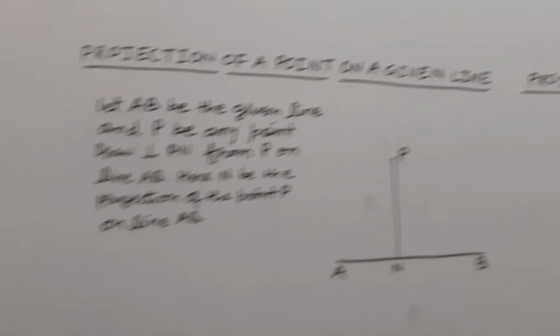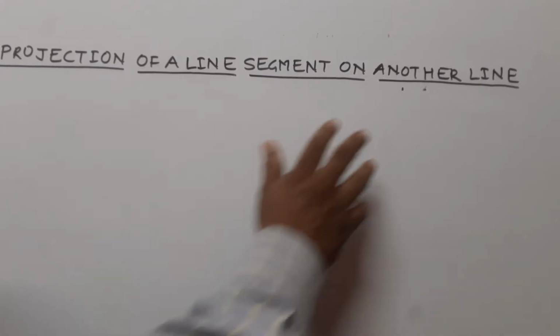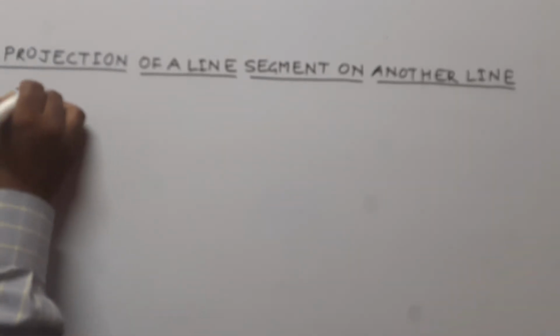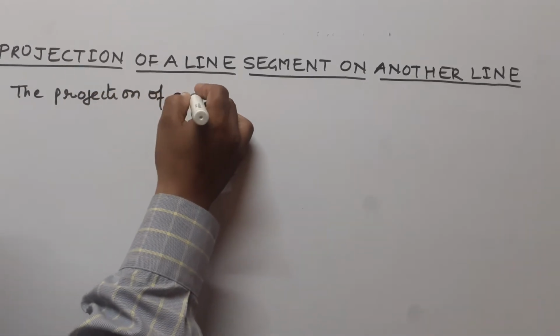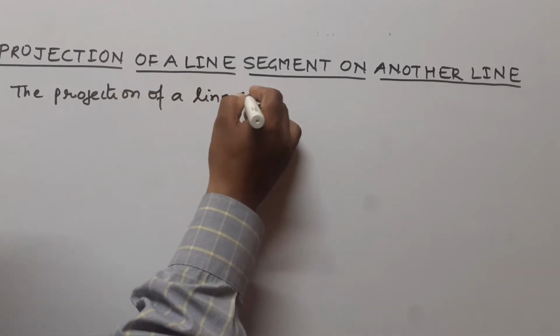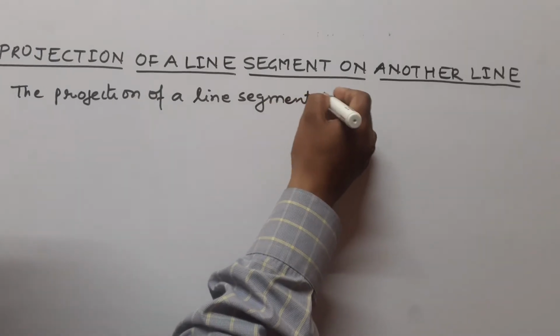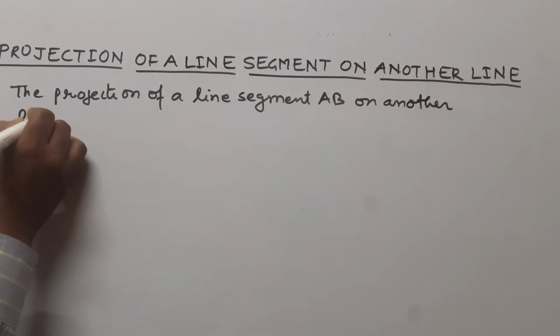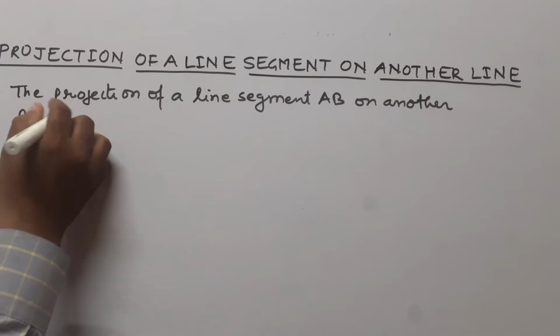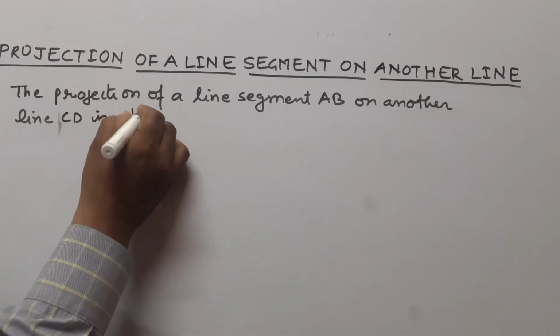Now we learn about what is the projection of a line segment on another line. What is the projection of line segment on another line? The projection of a line segment AB on another line CD is A dash B dash.